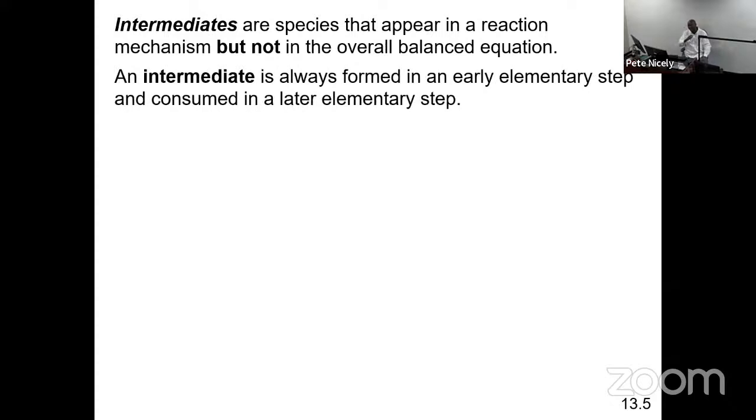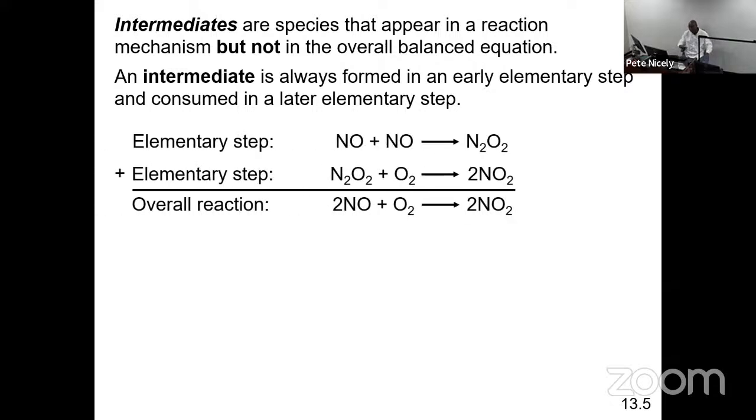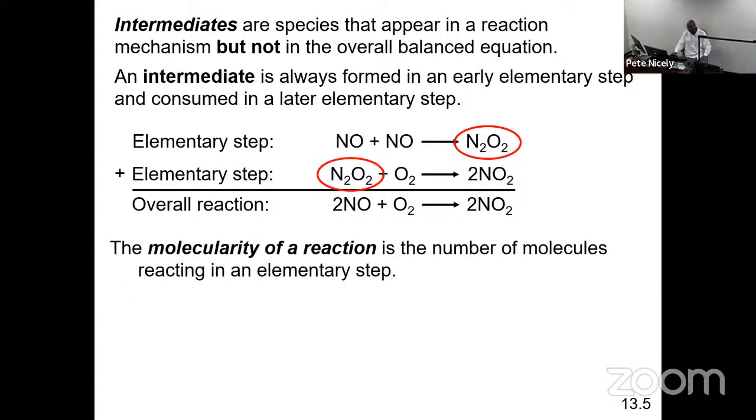Another very important thing about the intermediate is that it is always formed in an earlier step and then used up in a subsequent step. So basically, the intermediate does not end up in the product at all because it's produced initially and then used up afterwards. That is seen in the example that we just looked at. The intermediate in this case is the dinitrogen dioxide because it is produced in the first step and then used up in the second step.